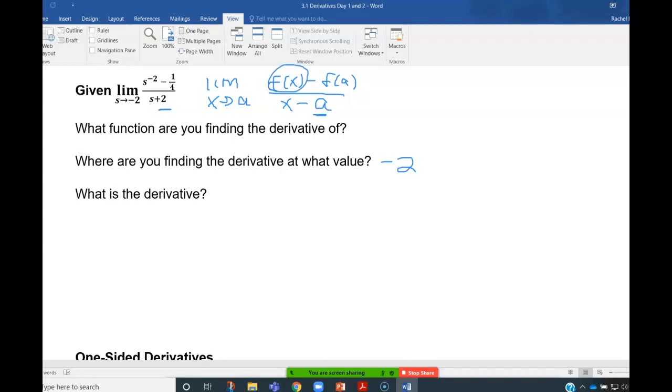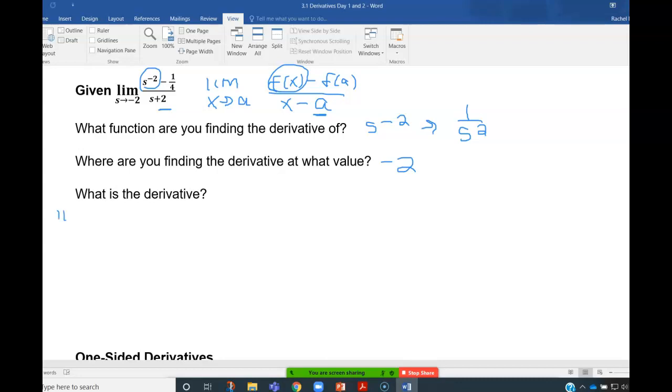F of x is what you start with. So in this case, we're finding the derivative of s to the -2, which is the same as 1 over s squared. So we are finding the derivative of 1 over s squared.